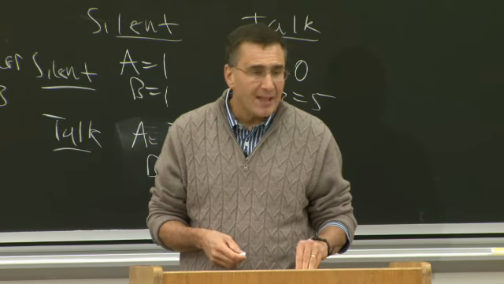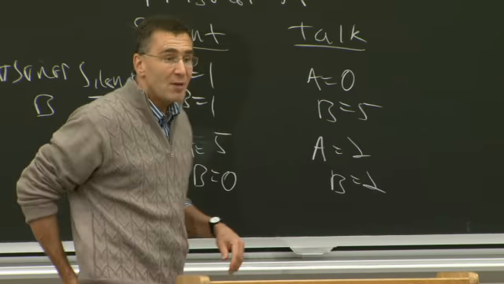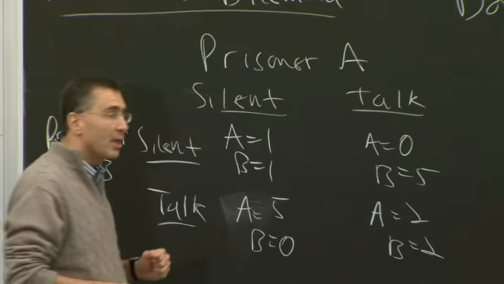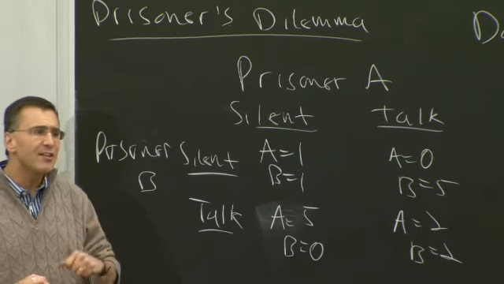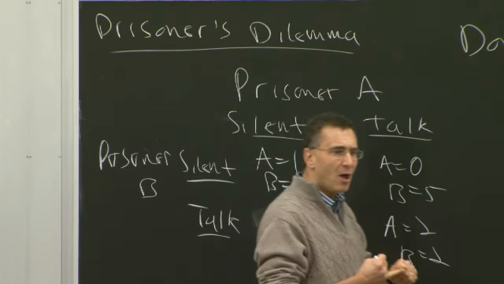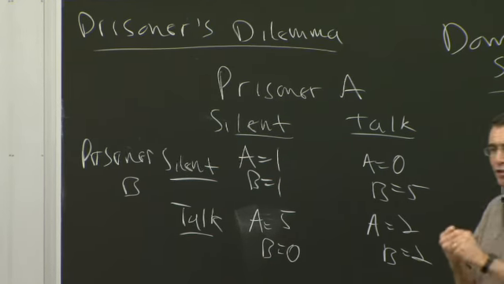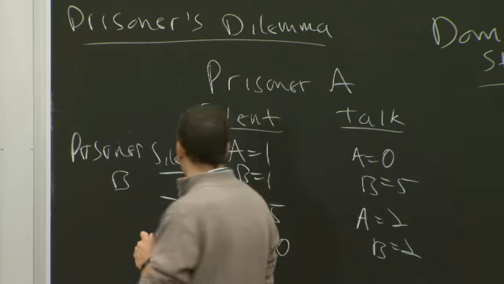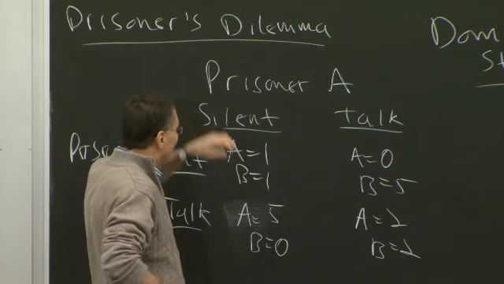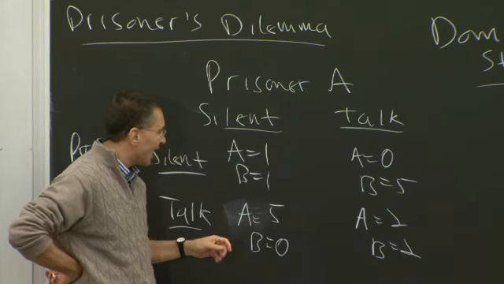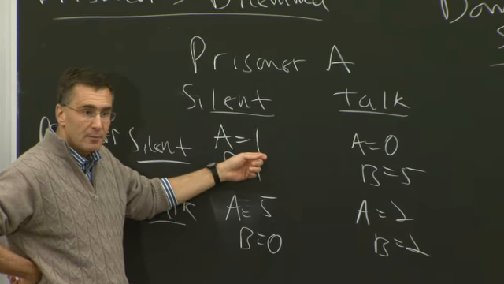Okay? So let's think about the ways of the dominant strategy. Take prisoner A and ask the following: is there a strategy that makes A better off regardless of what B does? Let's go through. If A remains silent, if B remains silent, he gets a year.